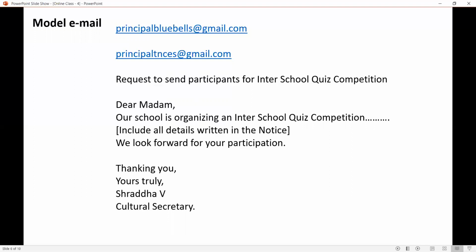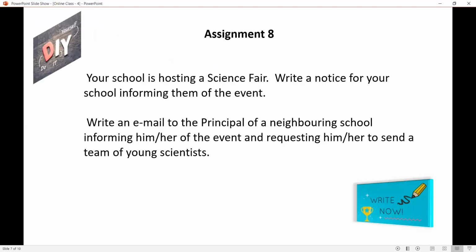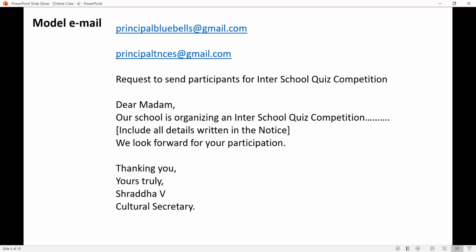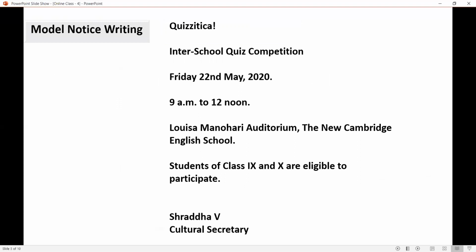Now, in the body of the email, you have to write first the opening sentence. Example, our school is organizing an inter-school quiz competition, or our school is hosting an inter-school quiz competition. Then you have to include all details that you have written in the notice. For example, Quizzitica, inter-school quiz competition, then the day, date, month, year, time, then venue, then the target audience.